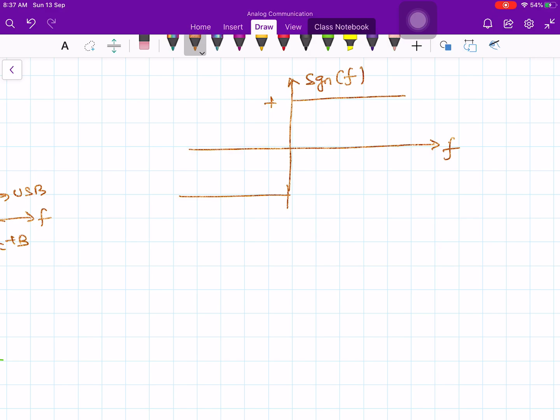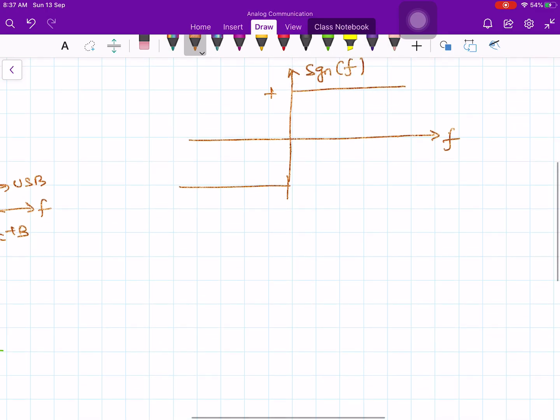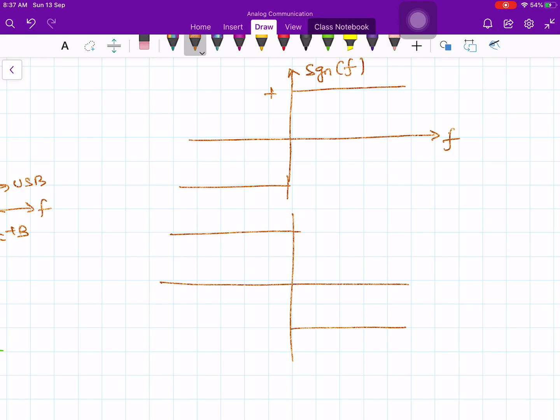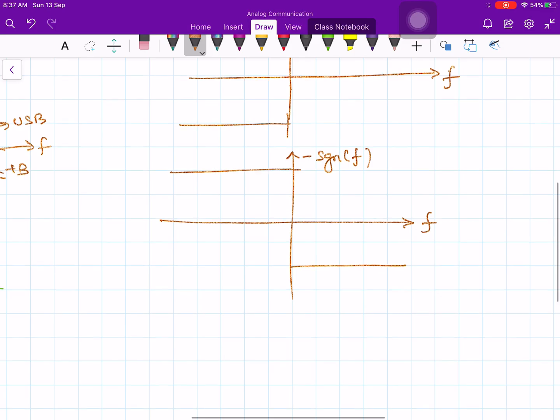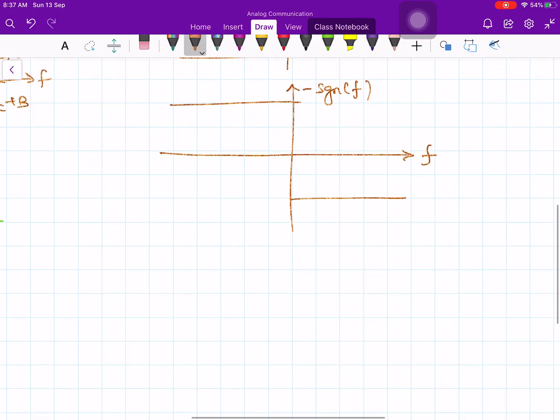Now, what is minus signum of f? It is the inversion of this. It will be like that. This is minus signum of f. Now, let me delay this minus signum of f by fc.